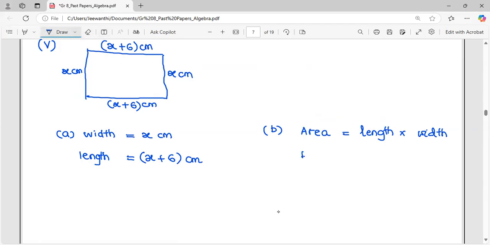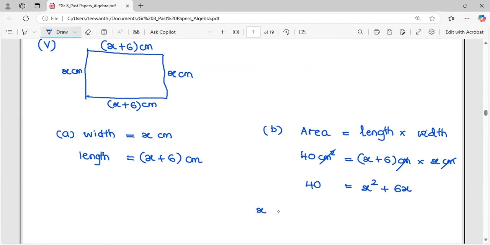So then the 40 centimeters squared, and then the length is x plus 6 centimeter, and the width is x centimeter, right? Here we have centimeter square and that we can cancel it. So then the 40 is equal to x into x plus 6. Now what happened? X into x, x squared, and then here I have 6x, right?